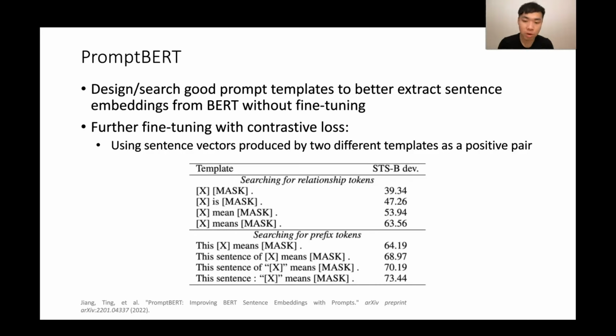But in this paper, they use templates like: this sentence of X means mask, where X is your input sentence. And you use the final layer representation of the mask token as your sentence embedding.